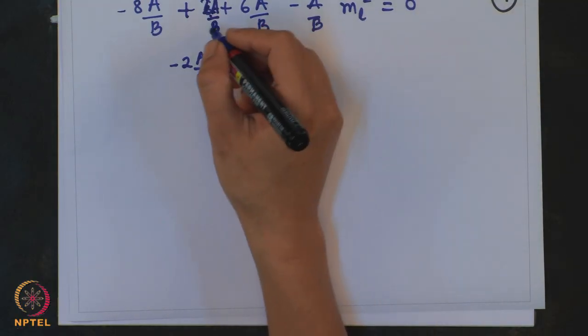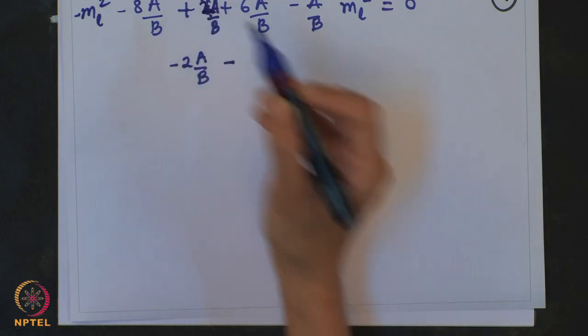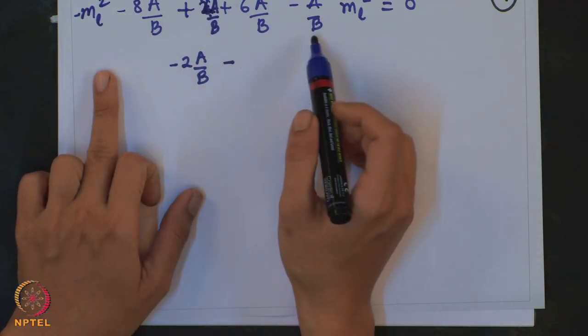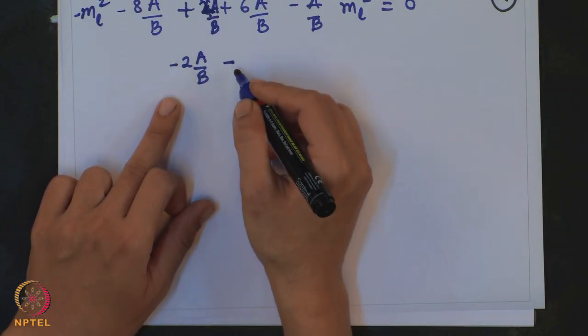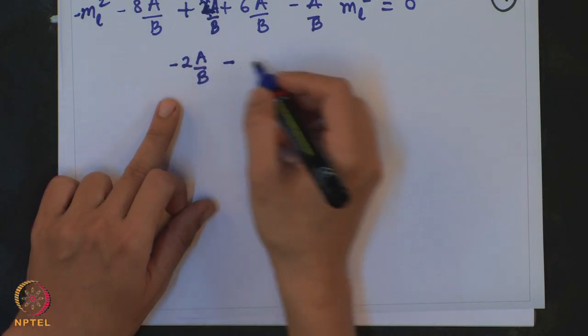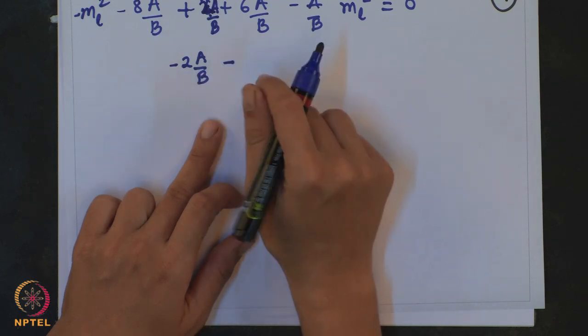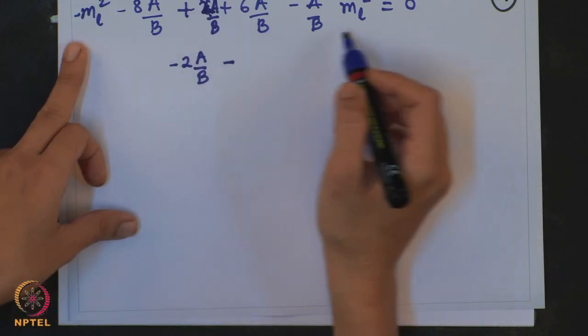So I will write here ml square, and I will have ml square times, on solving we can write this term as 8 ml square.